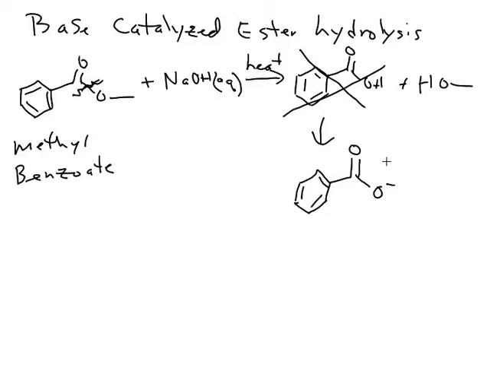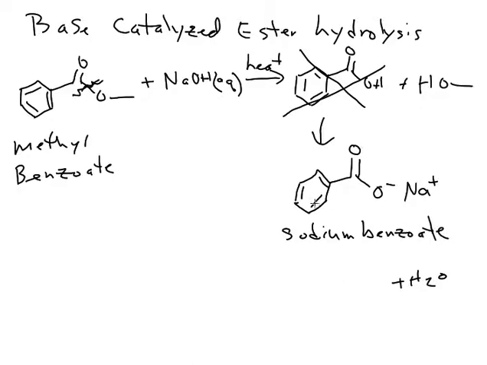Once it gives up the H, it becomes negative. We're going to make water. And we have the Na plus available for it. And so what we will call this is sodium benzoate.